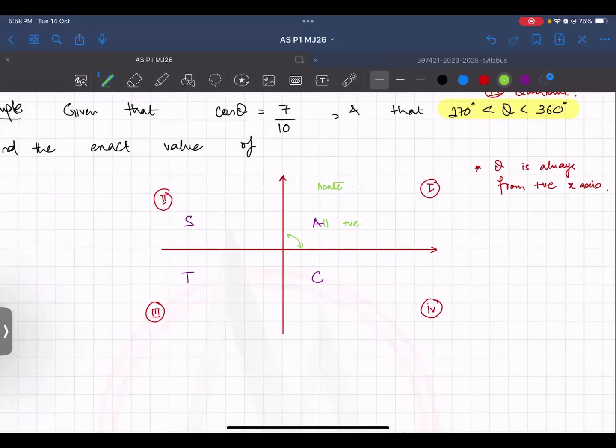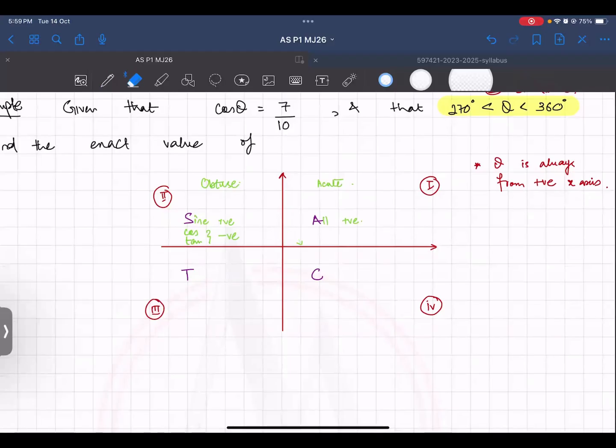In the second quadrant, S means only sine is positive and the others, cos and tan, are negative. So if you have an obtuse angle, if your angle is in the second quadrant, like this region, when your angle is between 90 and 180, then it is called an obtuse angle.